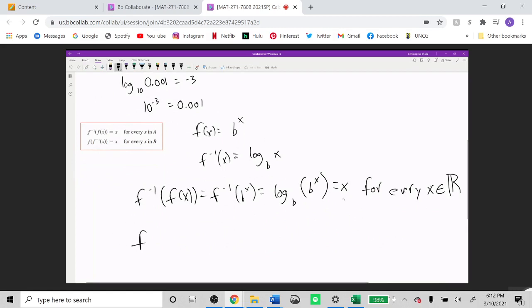Similarly, f of f inverse of x is equal to f of log base b of x. And this is equal to b to the power of log base b of x. And this is equal to x from this second equation. Do we agree with this?